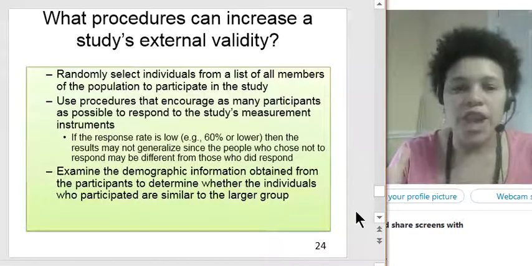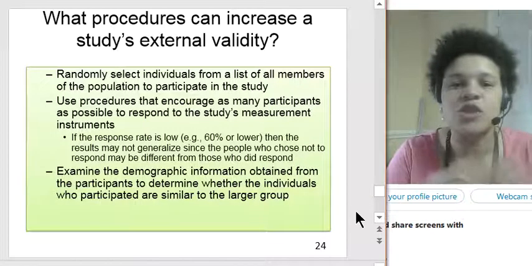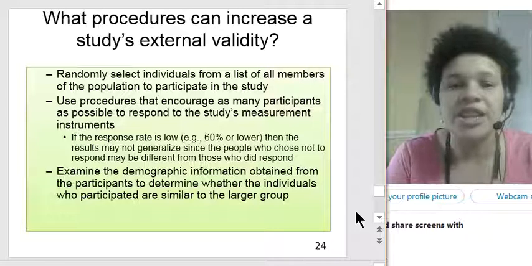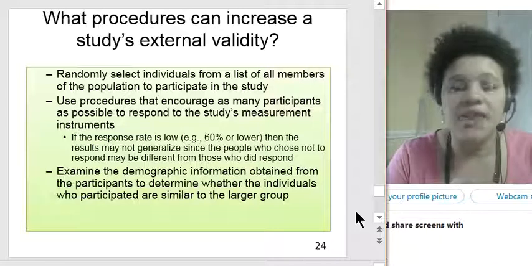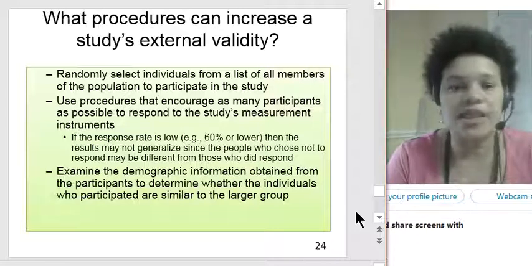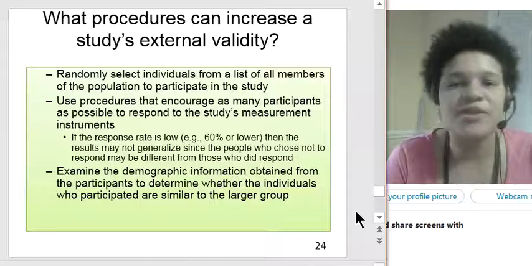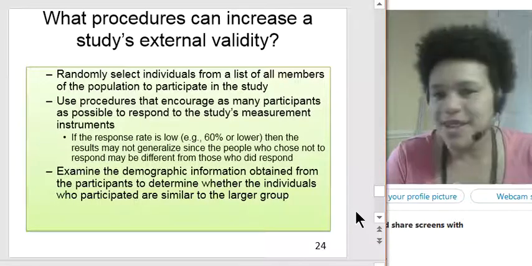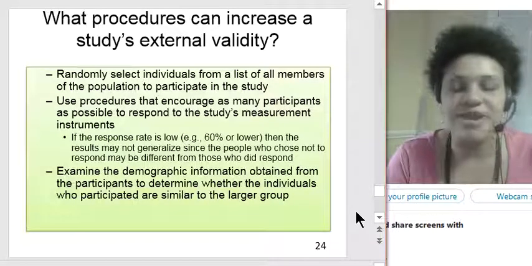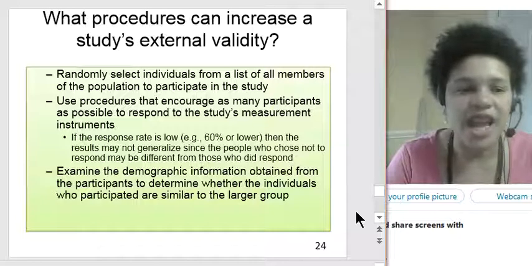So, you can increase the external validity by randomly selecting individuals from a list of all members of a population to participate in the study. And external validity is a really good reason for doing random selection. Random selection is not always possible, but it does increase external validity.